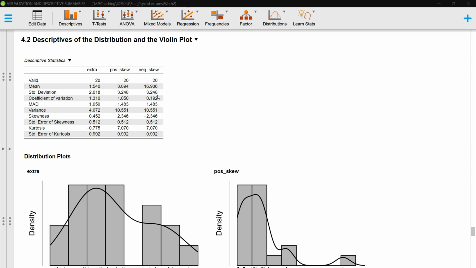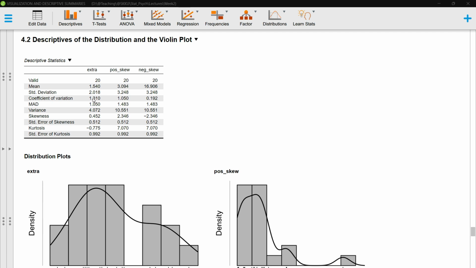Because of that, these two variables have the same amount of dispersion, standard deviation, and coefficient of variation. Oh, no. The coefficient of variation is not the same between the two, because it is scaled by the mean, and we have different means here.